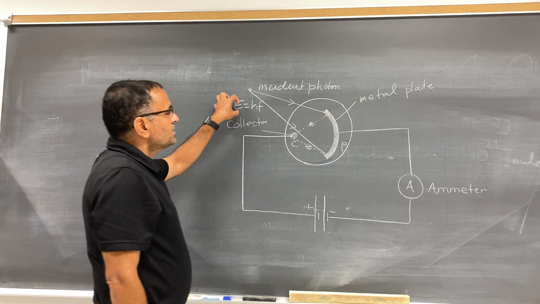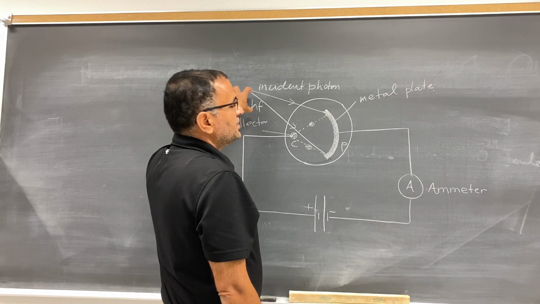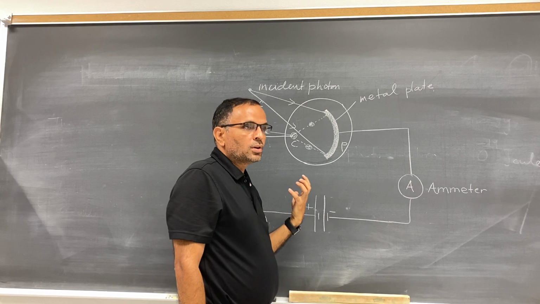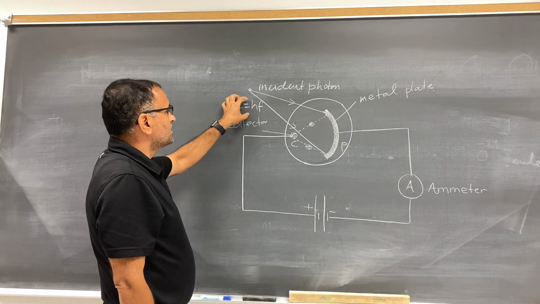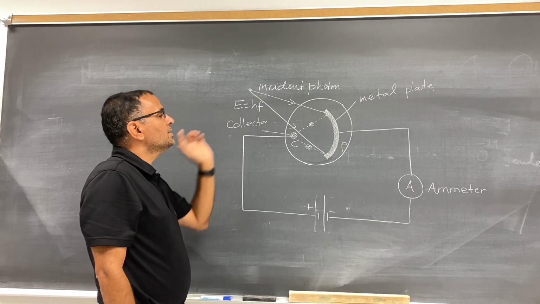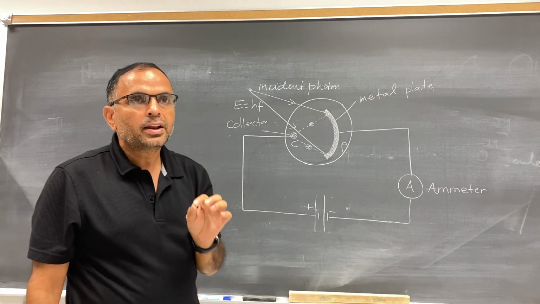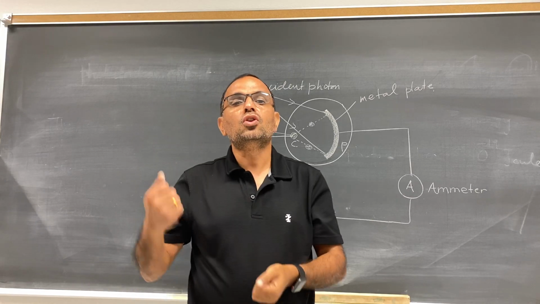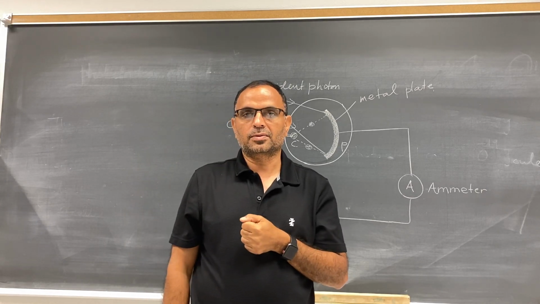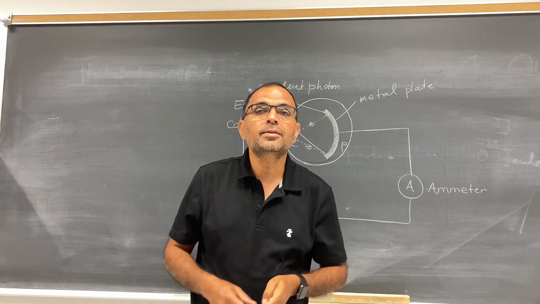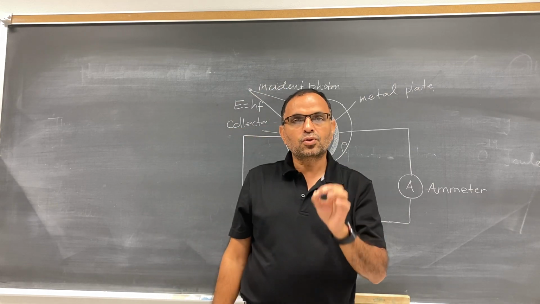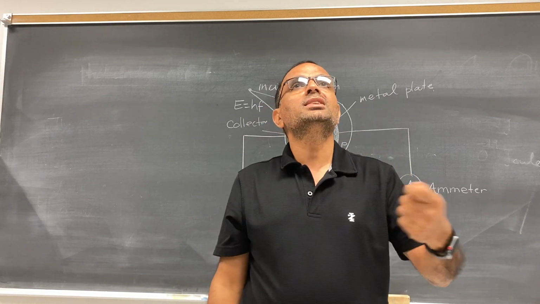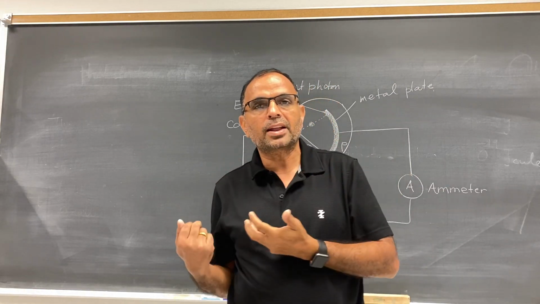Now when this light is incident here, it knocks out the electron. So what happened to this energy then? A certain amount of energy is utilized to knock out the electron from the metal surface. If the incident photon has energy more than the energy required to eject the electron, what happens to the rest of the energy?